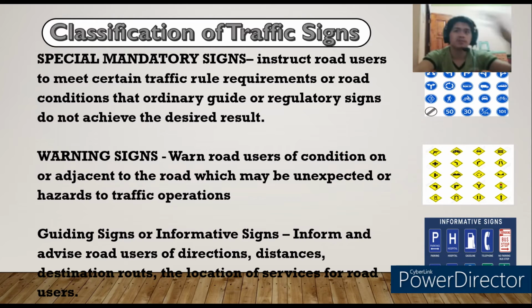For example, this information will tell you that there is a hospital or gas station nearby. Also, bus stop signs inform us commuters of the designated place where buses stop for passengers to get on and off the bus.